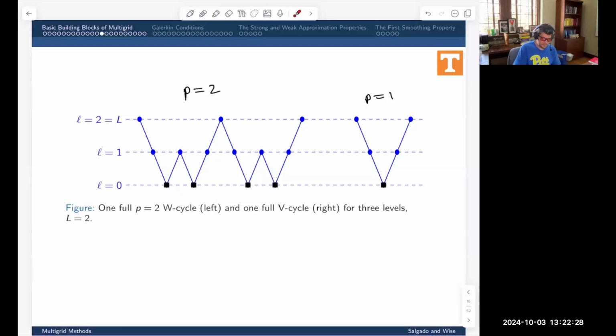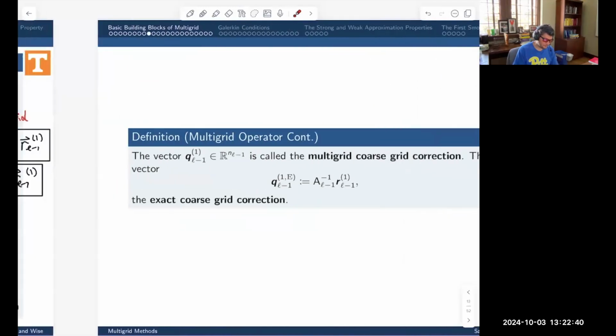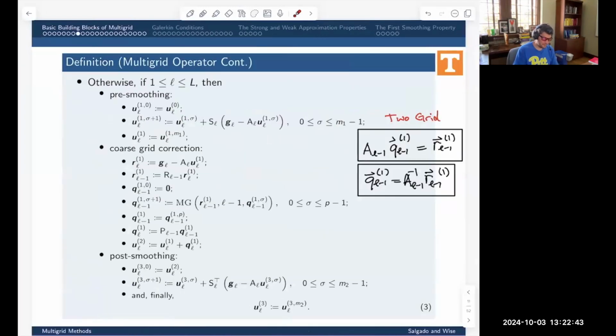If I do P equals 1, then this is just going to produce something which looks like a V, keeping track of the level numbers. So this is a little exercise for you to go through this algorithm and convince yourself that that's what is actually happening.